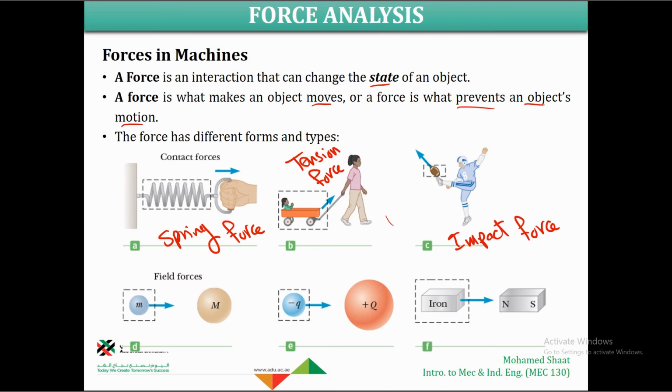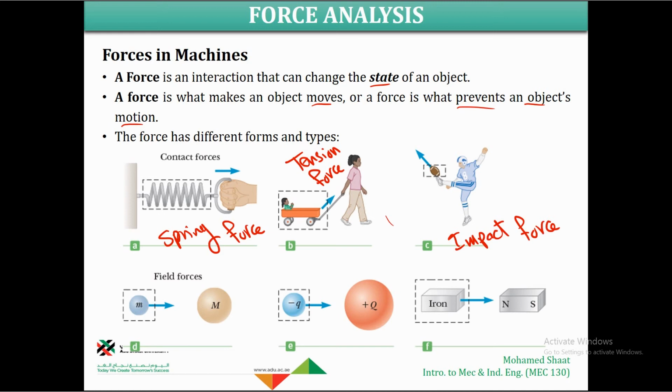But when you try to hit a football or a soccer ball or any object, like you throw something at the wall, it's going to hit the wall directly. This bouncing or hitting of the wall happens suddenly, at one instant, a part of a second.